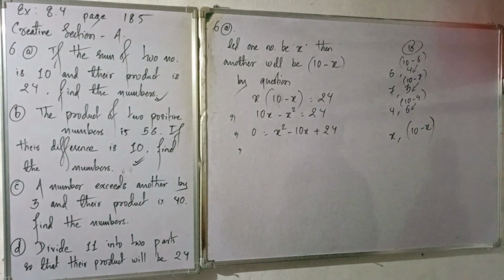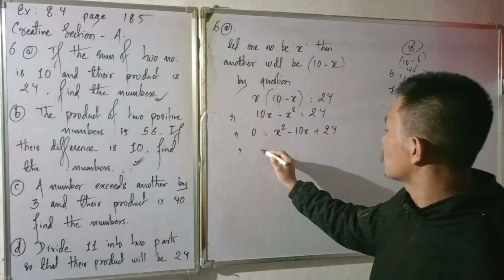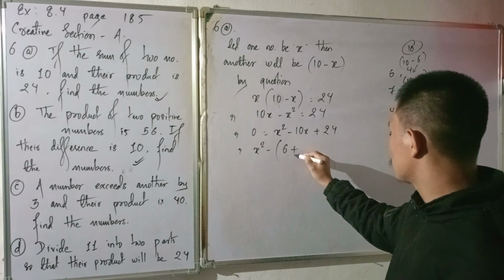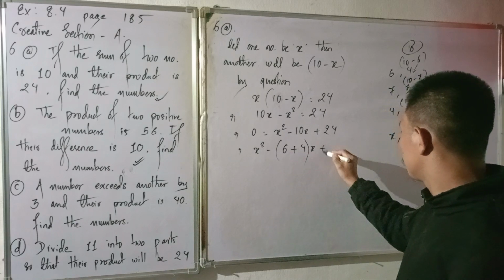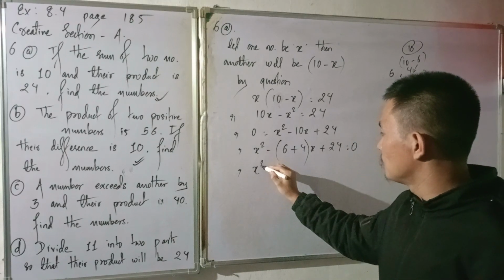Now you factorize this. Factors of 24 that sum to 10: 6 plus 4 is 10. You must know how to factorize at this level.